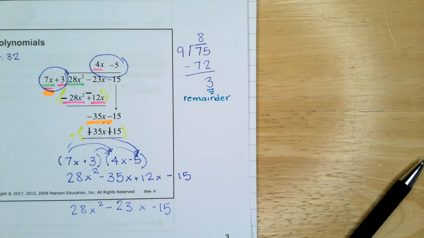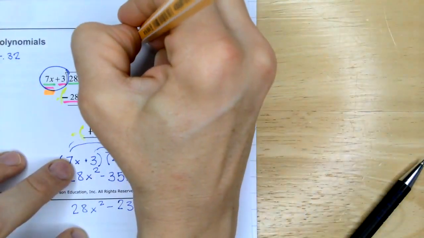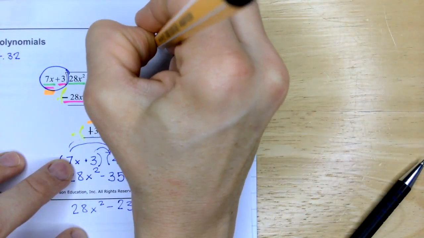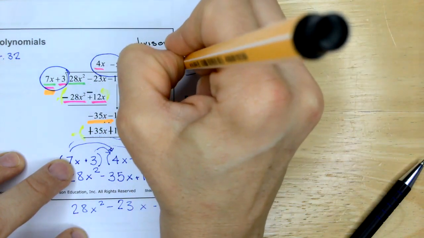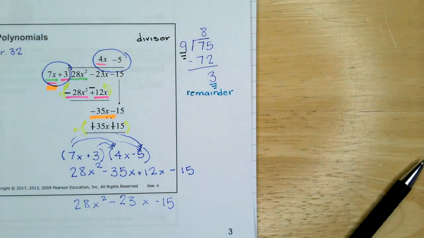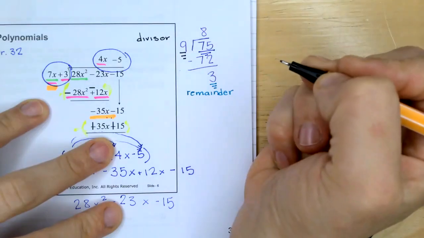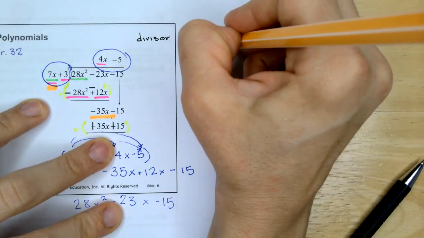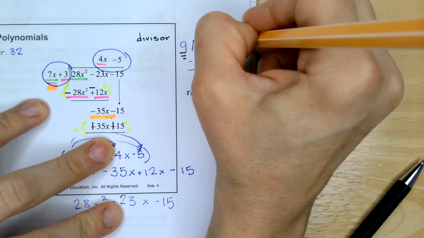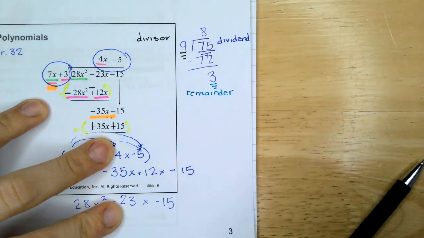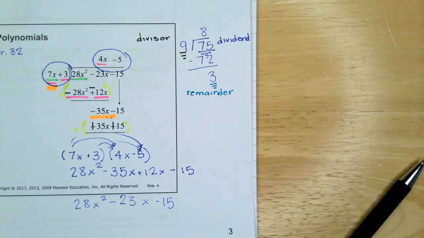9 is the divisor. Good. 75 is the dividend. And 8 is the quotient.